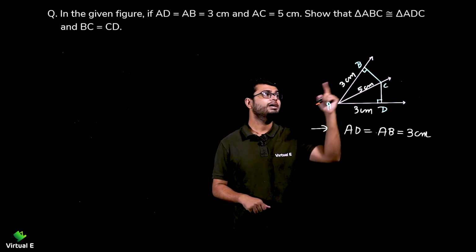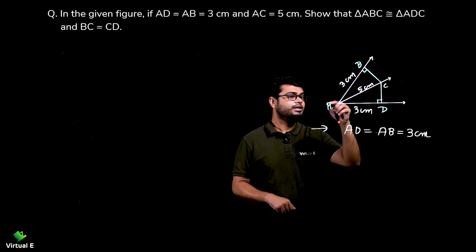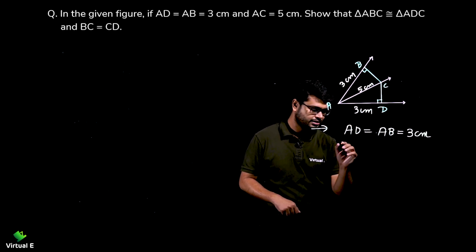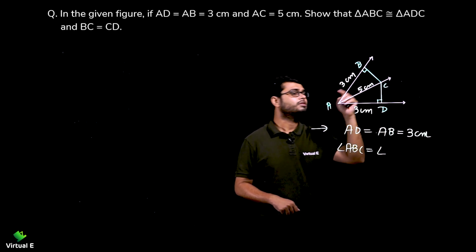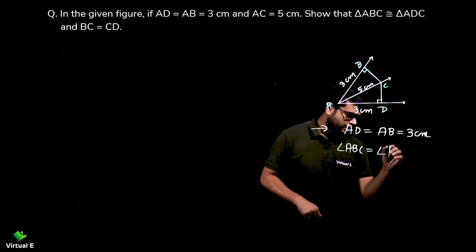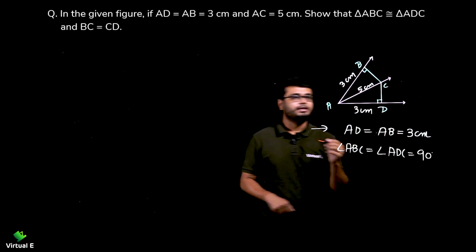That being done, we have 90 degree here, right? Very interesting. So let's write angle ABC is equal to angle ADC is equal to 90 degree.